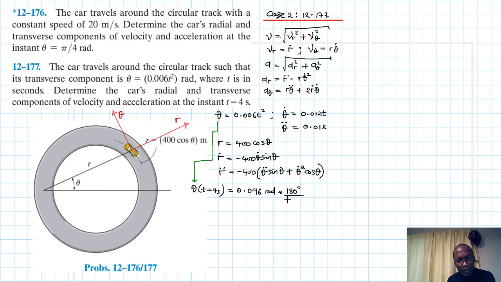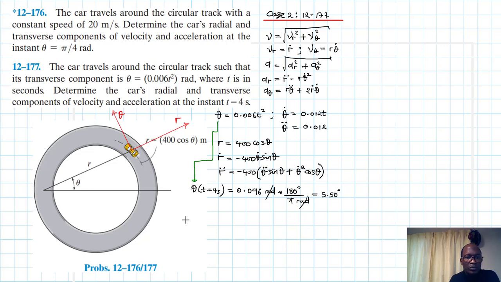The rads cancel out, and we have 0.096 times 180 divided by pi. This gives us 5.5004 degrees. So this is our theta in degrees.